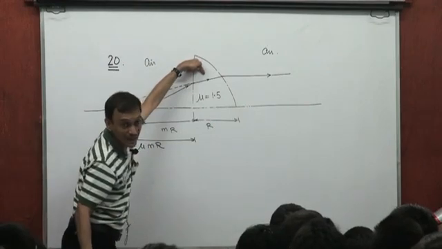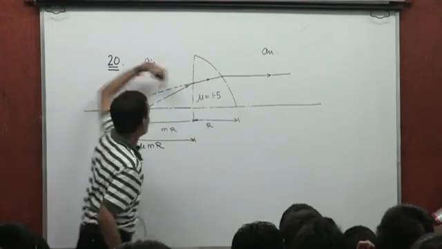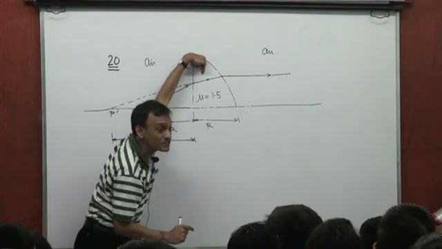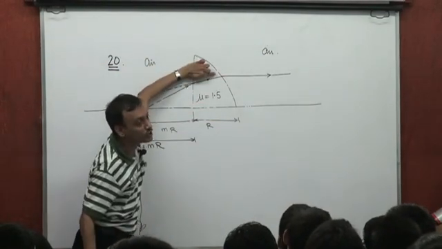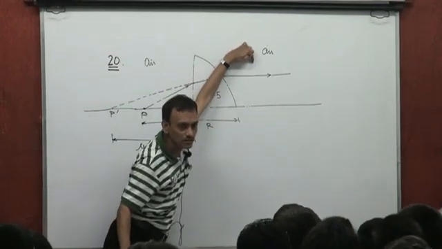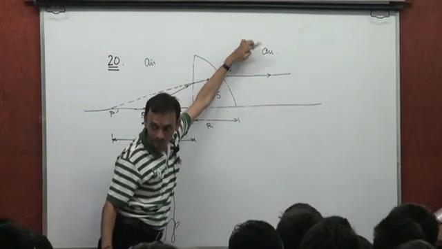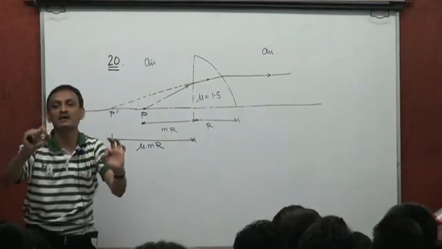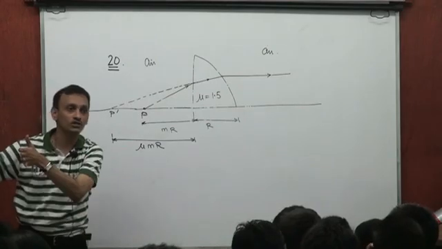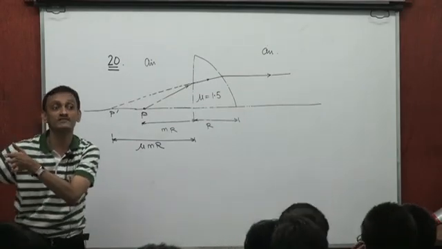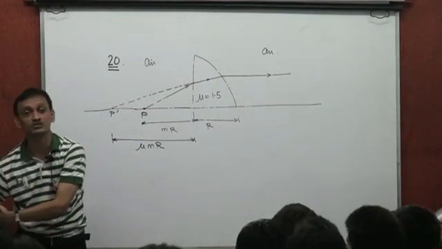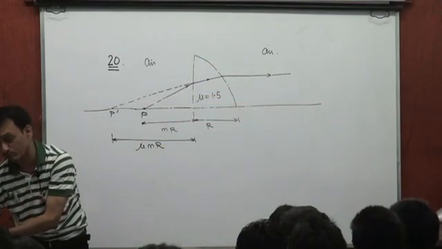So this must be the object space, that must be the image space. Even though the object lies in here, the object space is not here. The object space is glass. Why? Because the incident ray lies inside glass. So image space refractive index by image distance minus object space refractive index by object distance equals difference in the two refractive indices divided by the algebraic radius of curvature. That's the result that we're going to deploy here.